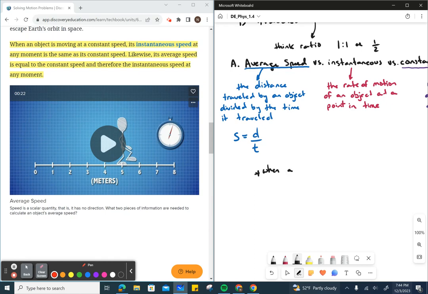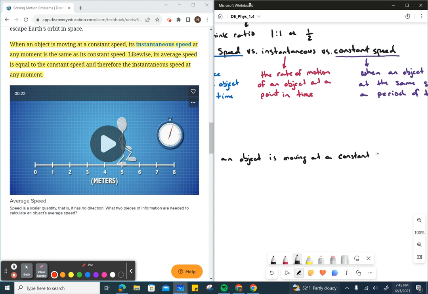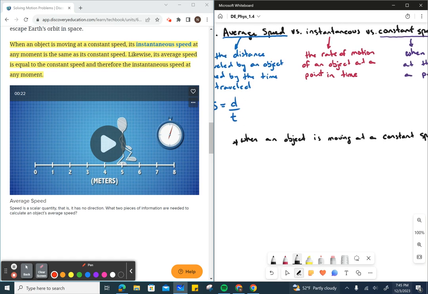When an object is moving at a constant speed, then we could say the relationship is something like this.